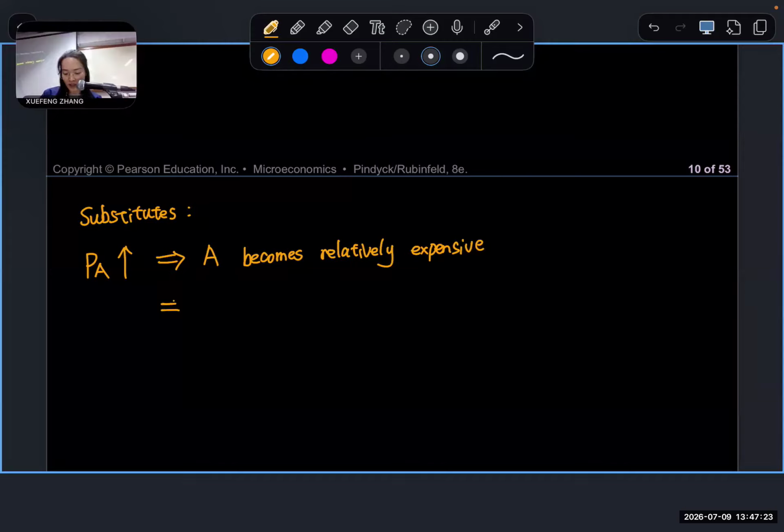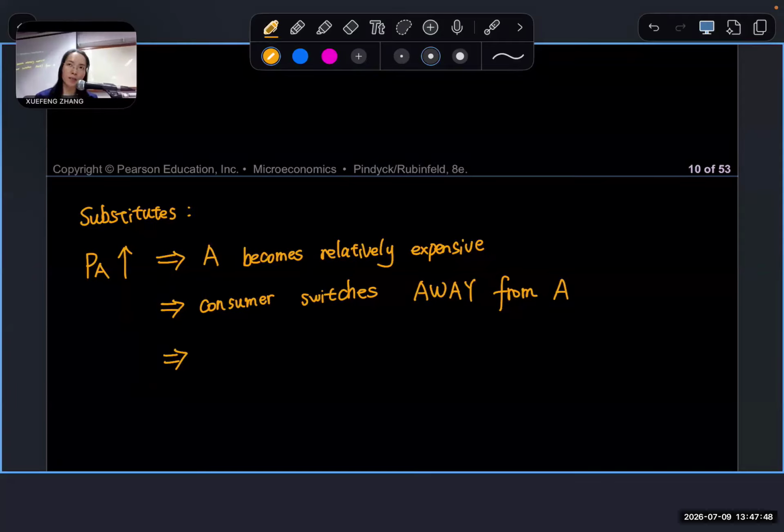So in this case, the consumer switches away from A, and then they're going to buy more of product B. So the quantity of product B will increase, okay?